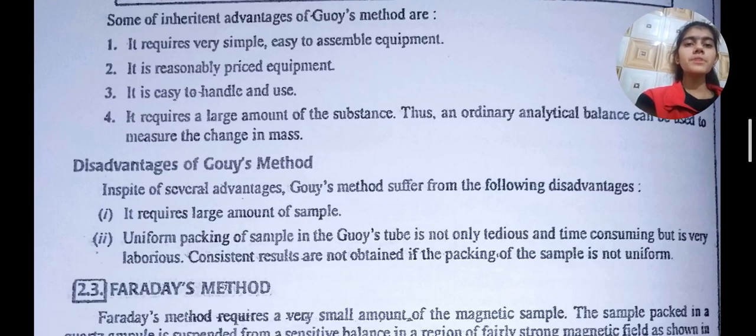In spite of several advantages, Guy's method suffers from the following disadvantages. First, it requires a large amount of sample. Second, uniform packing of the sample in the Guy's tube is not only tedious and time consuming but also very laborious. Consistent results are not obtained if the packing of the sample is not uniform.